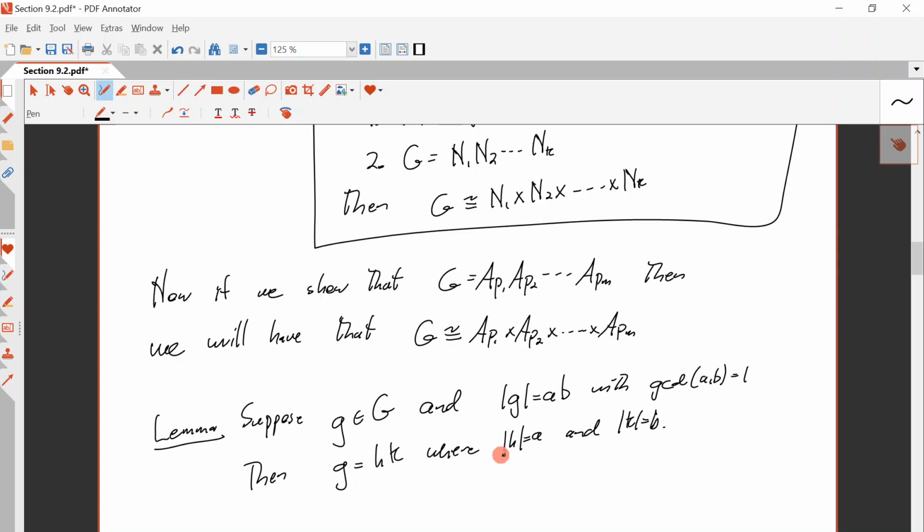Then g will be equal to hk, where the order of h is a and the order of k is b. So we can sort of split it up like that.